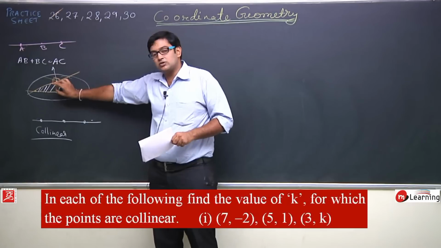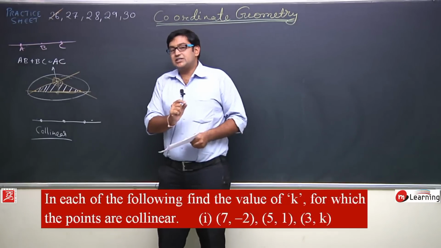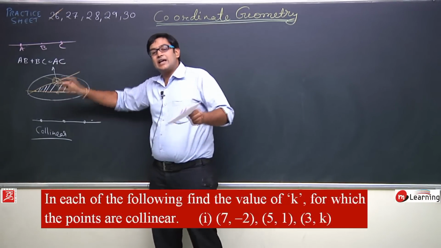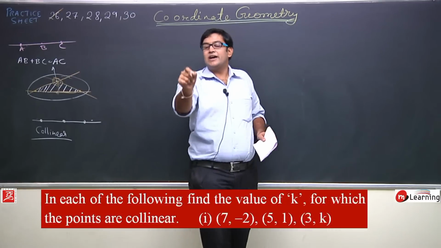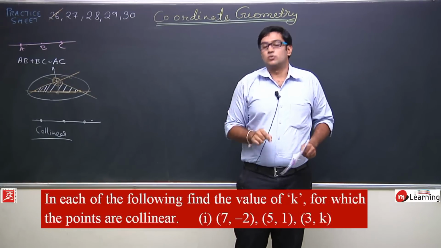कम होते होते क्या ये 0 भी हो सकता है? यस. जिस समय ये पॉइंट इस लाइन के ऊपर आ जाएगा, you will find the area of this triangle becomes 0.